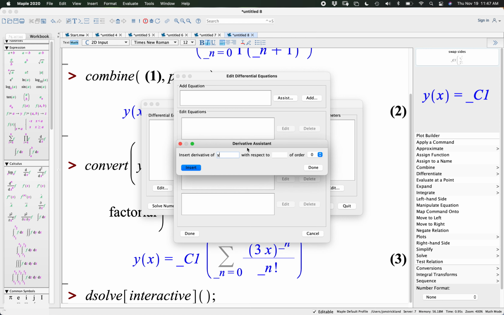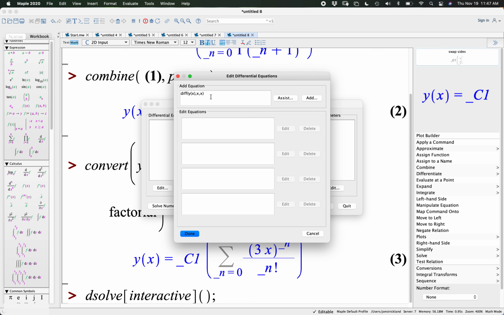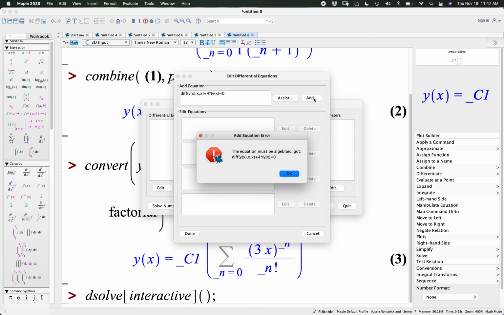I'm looking at y with respect to x of second order, insert. So I'm good with this one. And then I'm going to have plus 4 times y of x is equal to 0. And if I'm satisfied with this being the entire equation, I'm going to click on add.